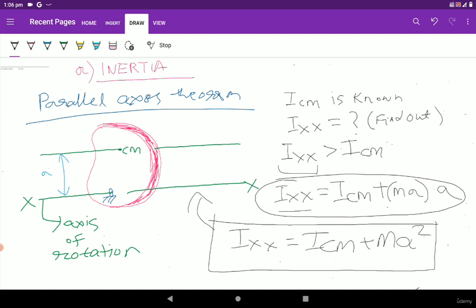Now suppose we want to calculate the reverse. Let me change this.